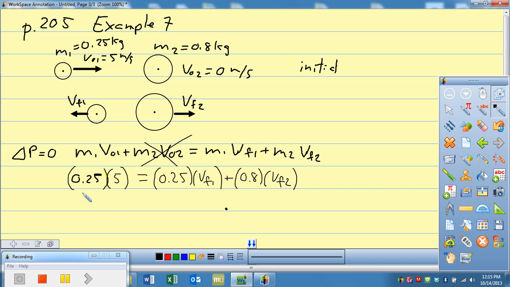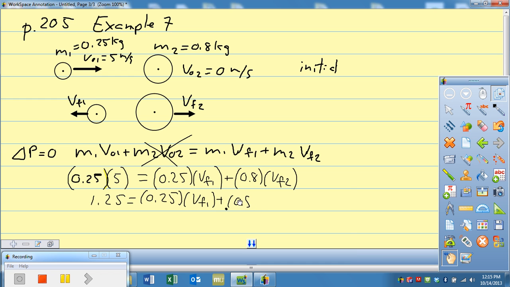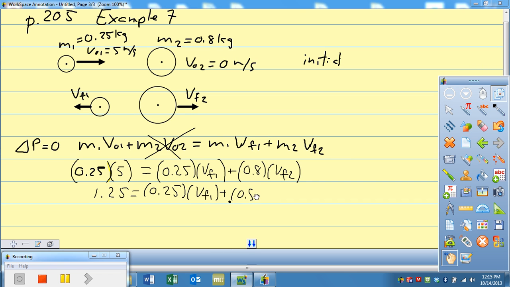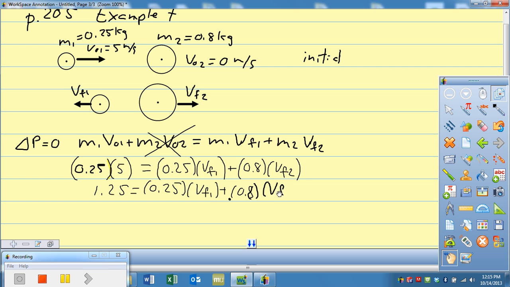Let's see. 0.25 times 5 is 1.25 equals 0.25 the final 1 plus 0.8 the final 2. What is causing that to do that?